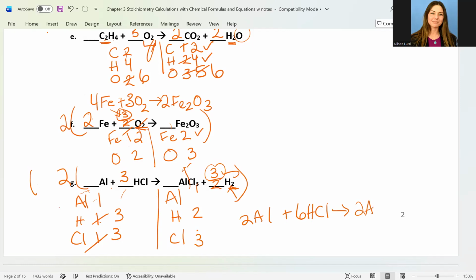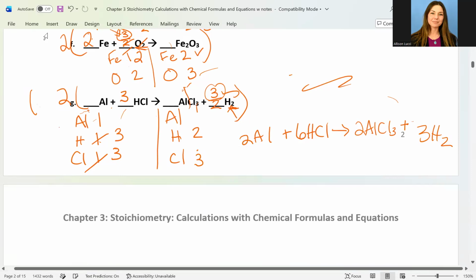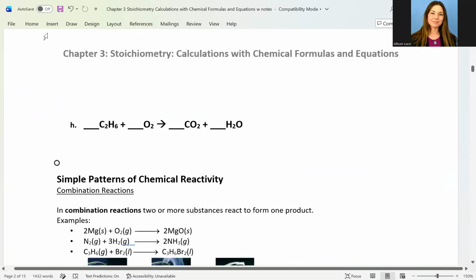That gives me 2 aluminum trichloride, and then we have plus 3H2 after we multiply 3 halves by 2. So 3H2.